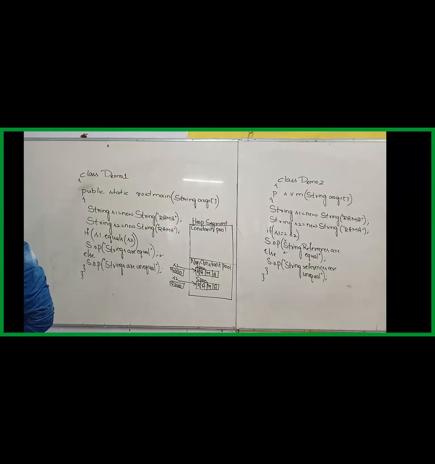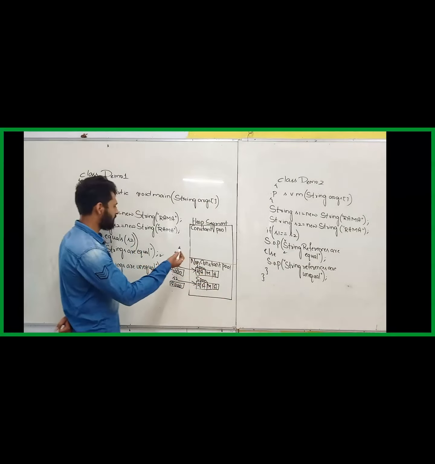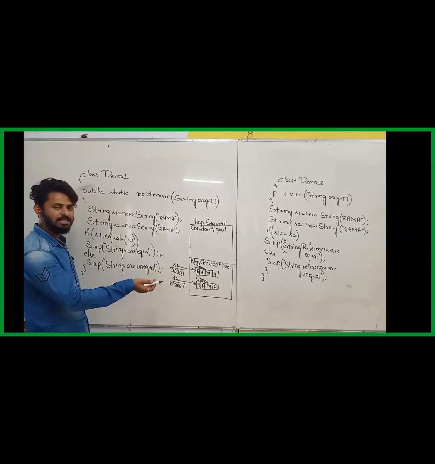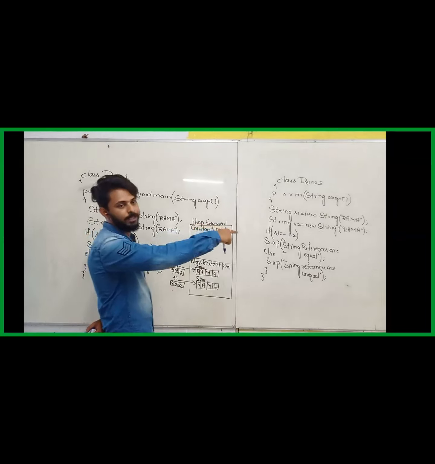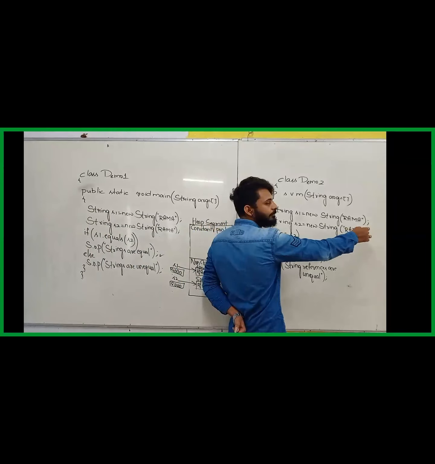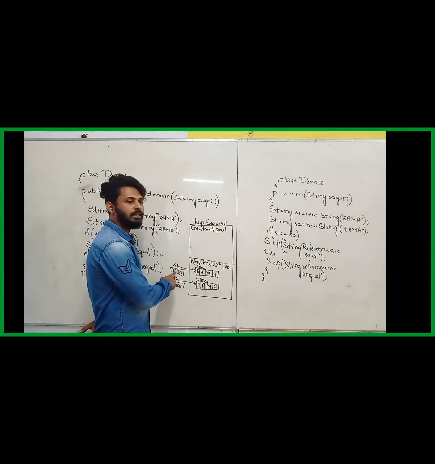String references are unequal. Is that clear? It does not matter that, sir, here Rama only should be there. No, you write something else also. If you want to write that side, you write another capital A here. Still you will get the same value. Ultimately, you are just checking the address.